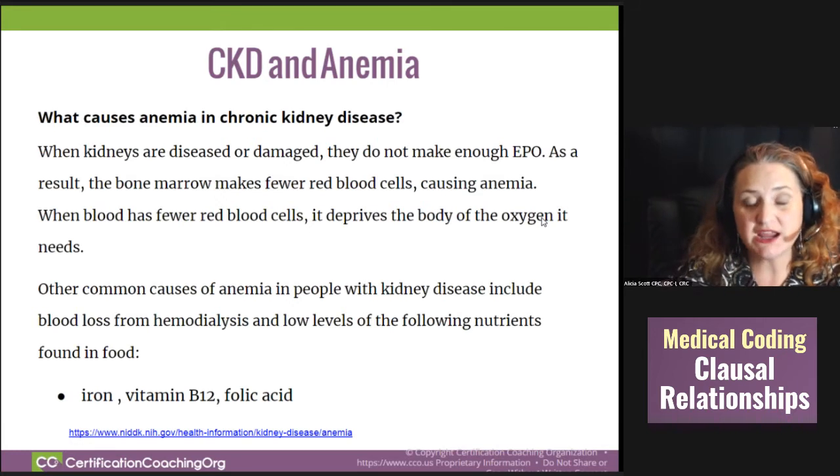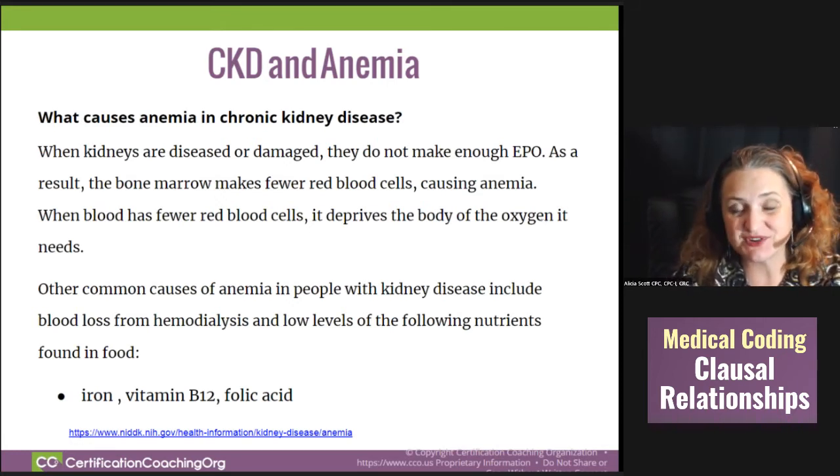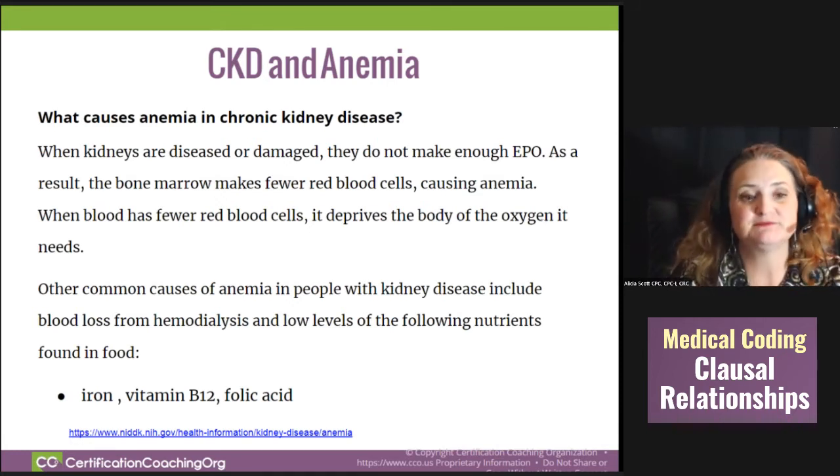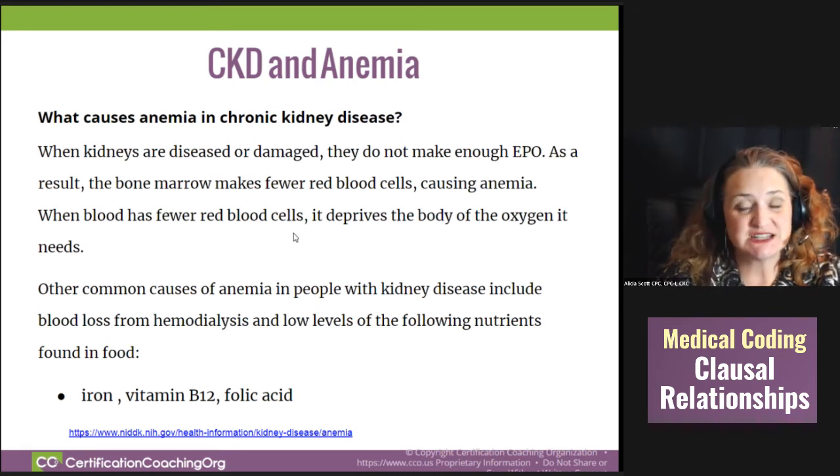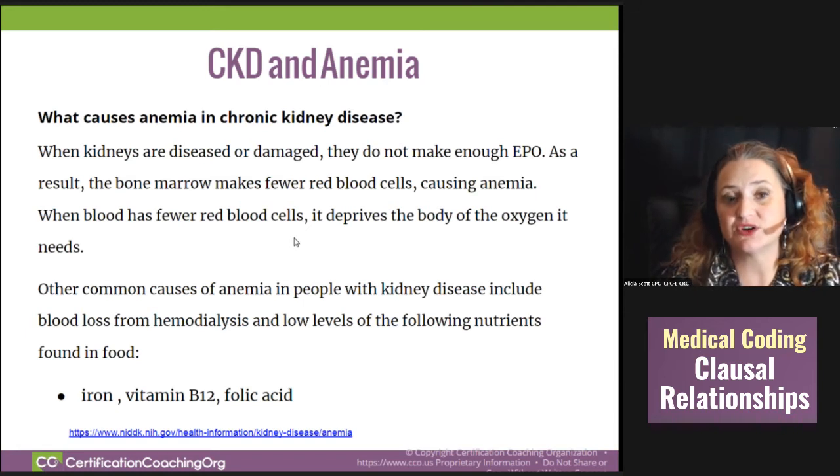If you have chronic hypertension, you're going to have problems with your kidneys. Right? We know that because of the statistics we've collected as coders. And that's another reason why we want to always code to the highest specificity, make sure we get the right codes.